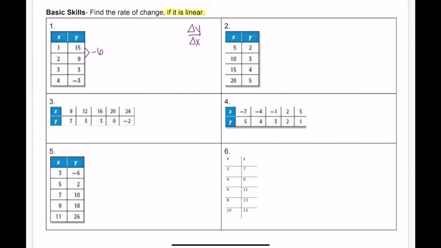And from 9 to 3, how did that change occur? That also went down by 6. And from 3 all the way down to -3, that also went down by 6. So the change in y is constantly -6 or down 6.